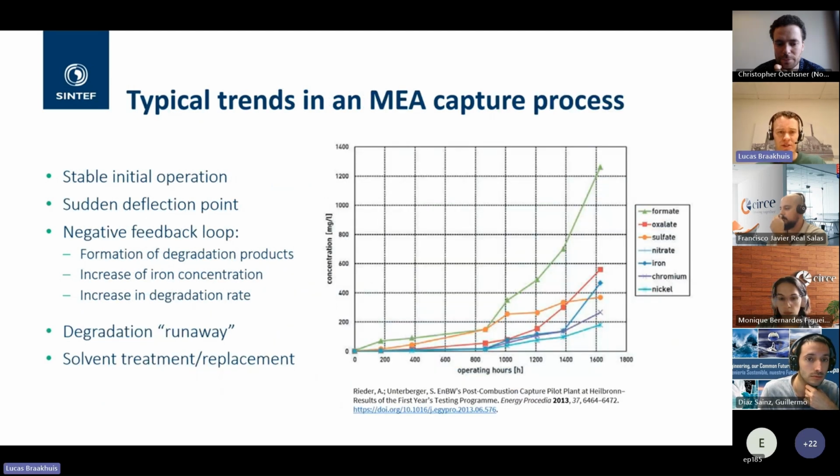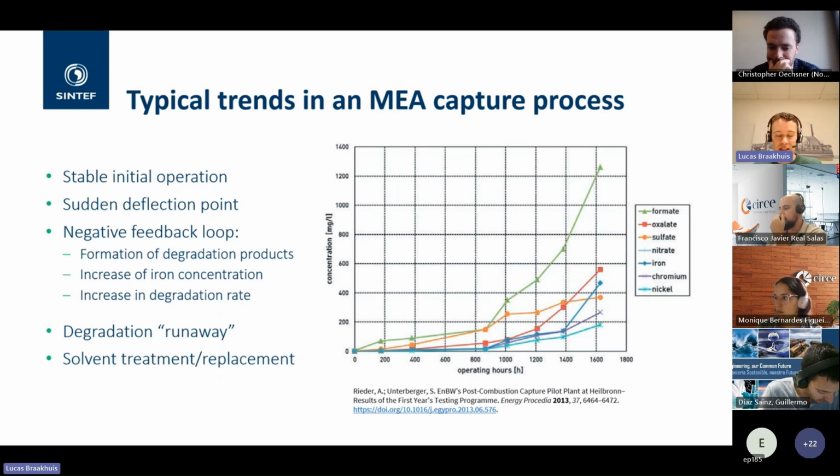So here in the plot on the right, I've shown typical trends in an MEA capture process. This is from a post-combustion capture plant at Heilbronn, and this is the first year of the testing program.